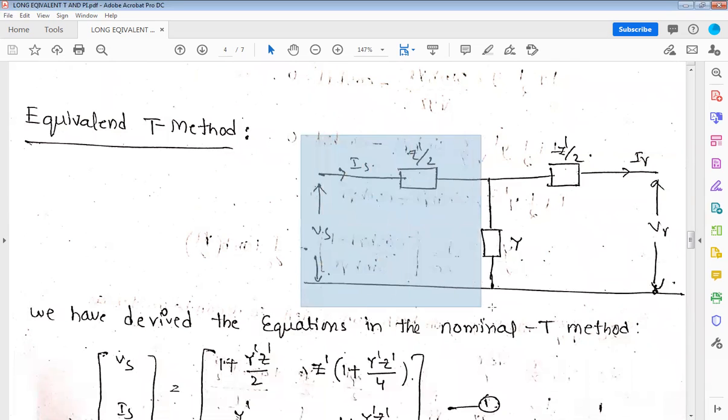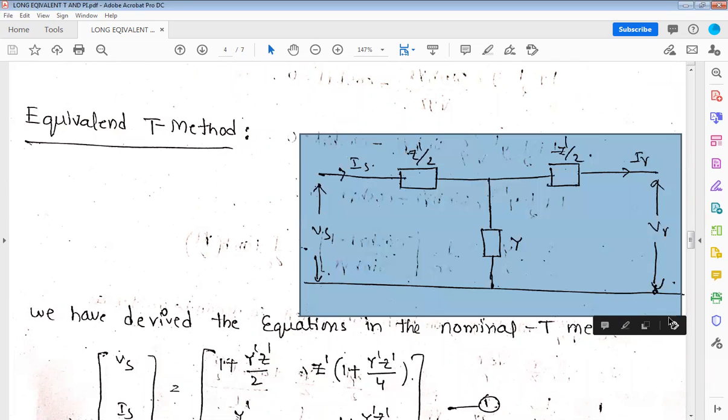So the nominal T method circuit diagram will be in this way itself, and the impedances will be Z by 2, Z by 2. Here I have represented that Z by 2 as Z dash by 2, and Y will be represented as Y dash. I forgot to write Y dash here. It will be represented as Y dash, along with the sending end voltage and the receiving end voltage, the sending end current and the receiving end current.